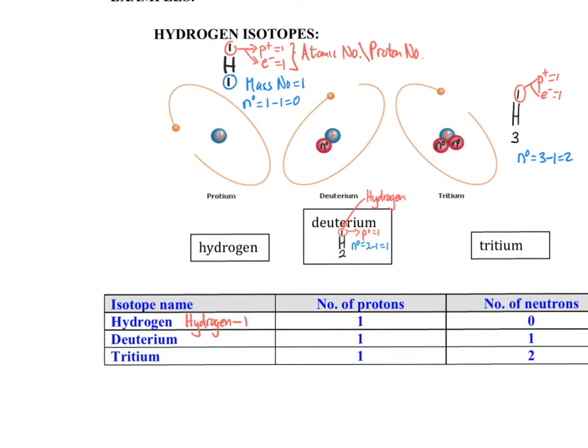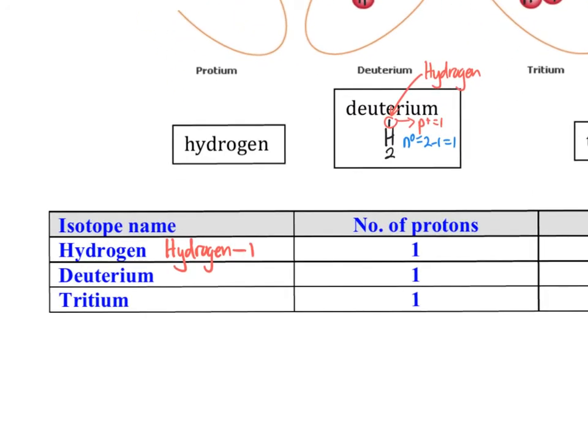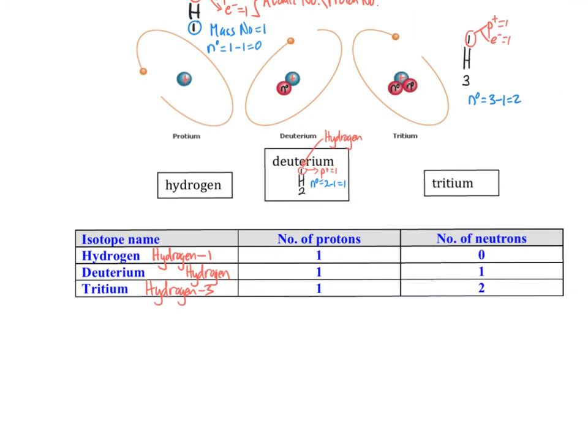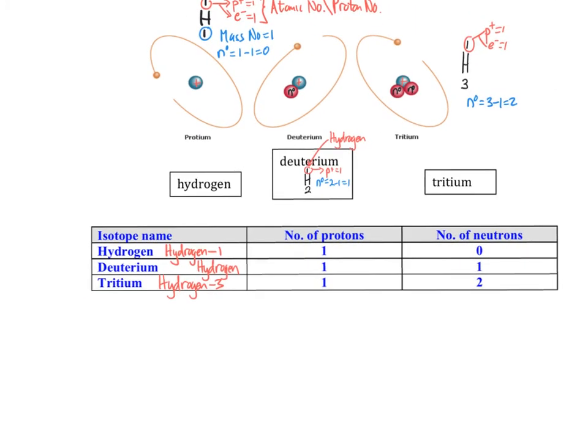Deuterium we could refer to as hydrogen-2 because it's got a mass number of 2. And then tritium we could refer to as being hydrogen-3. So we just say hydrogen-3. And setting up a table, we can see the number of protons is 1 in each case.